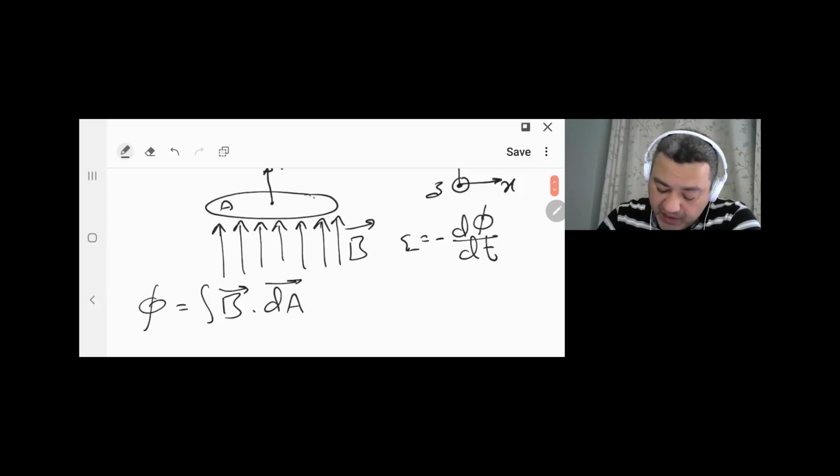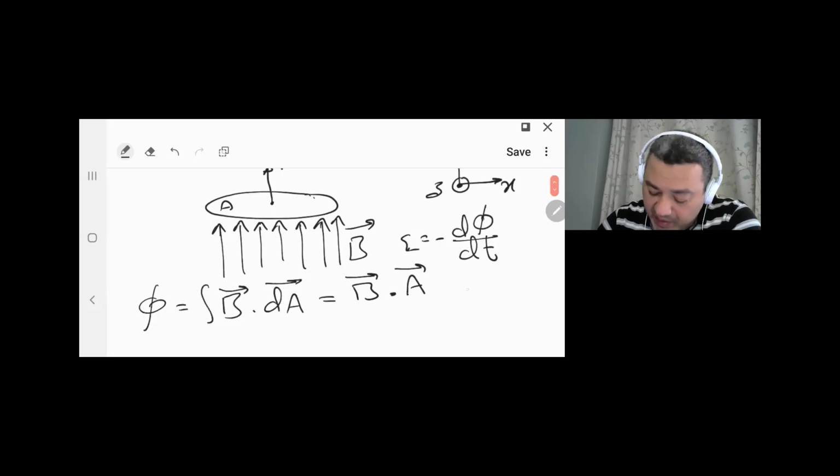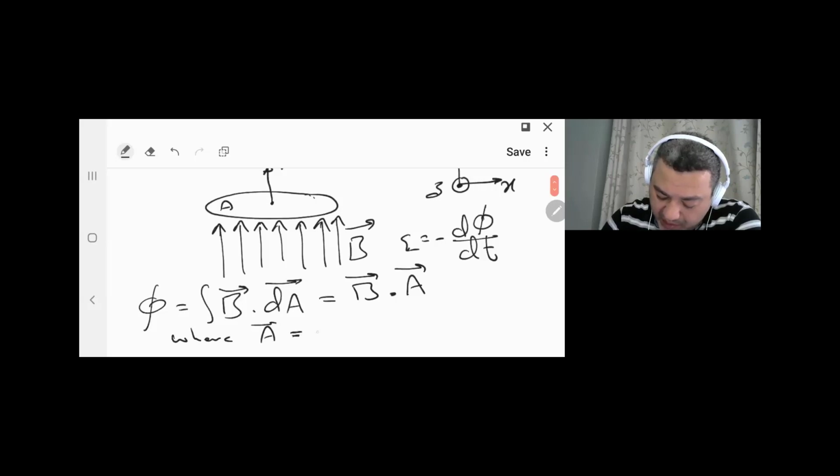Now for this shape, since we have a circle and the magnetic field, as you can see here, is uniform, I can take the magnetic field outside, and this equals the magnetic field dot the vector A, where the vector A is the area times the normal unit vector.